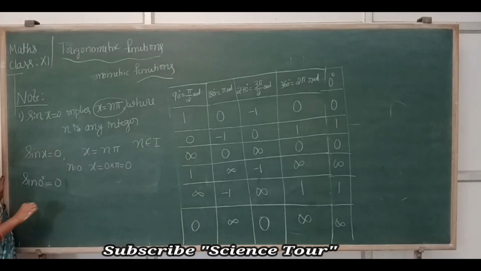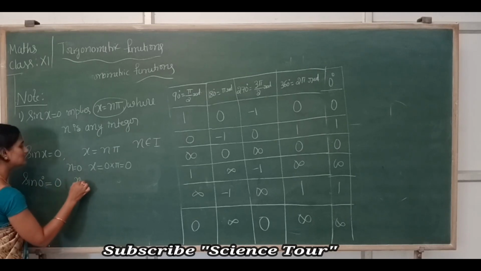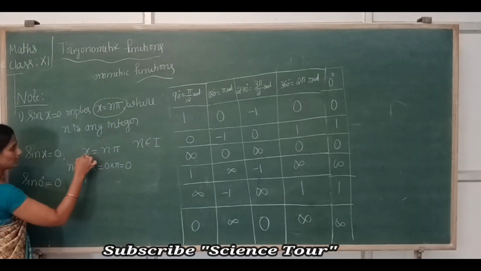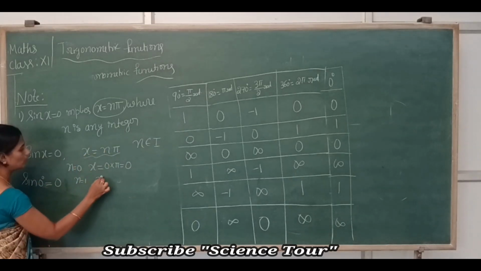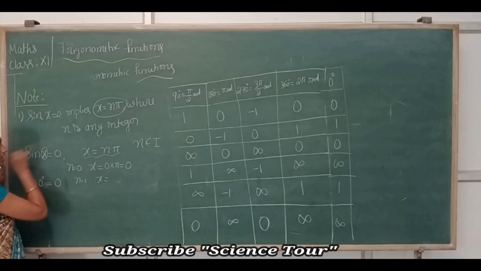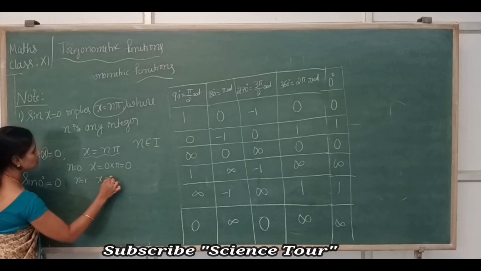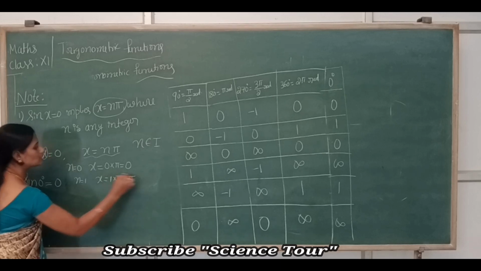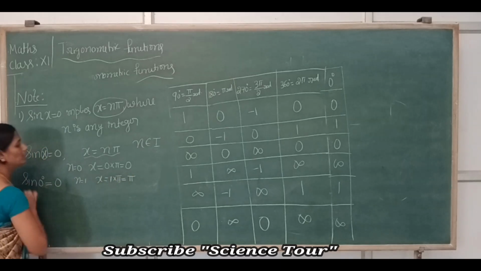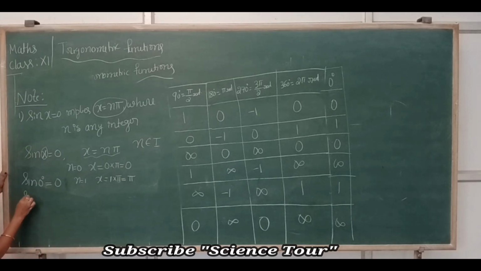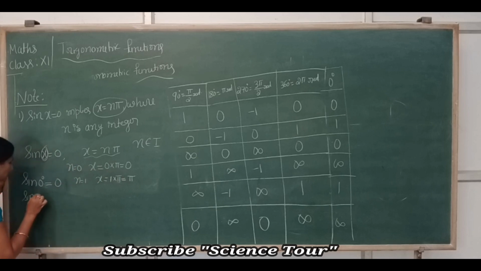When n is equal to 1, what can we replace x with? x can be replaced as 1 into pi, so 1 into pi is pi. So now sin x is sin pi.